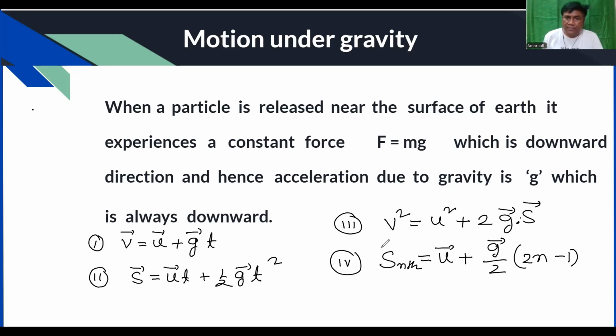Here s is always displacement, not scalar. I hope you understood all these things. Any doubt? Everything will remain the same, nothing else. Once you have written all these things, just let me know. Then only I'll go to the next page.